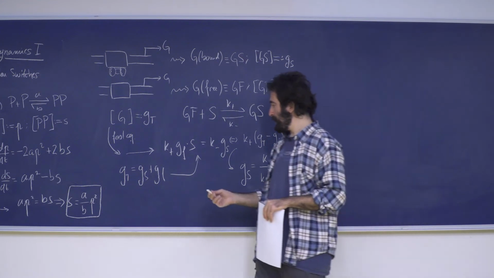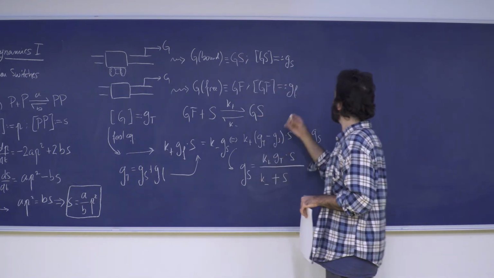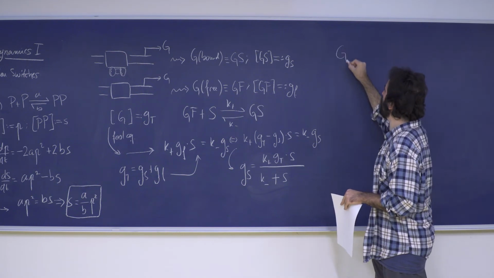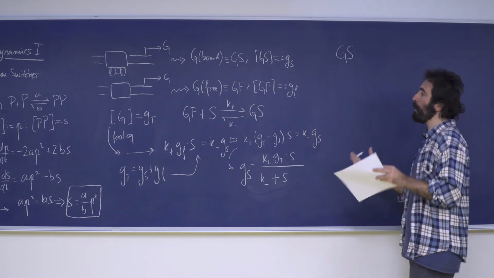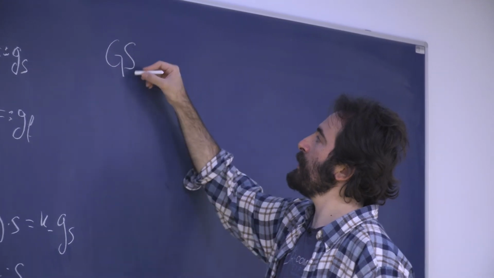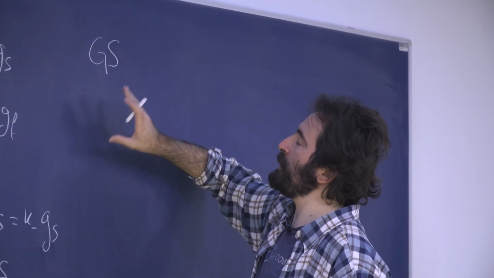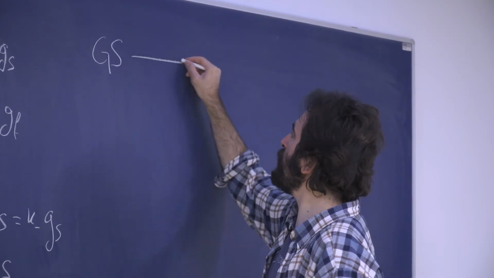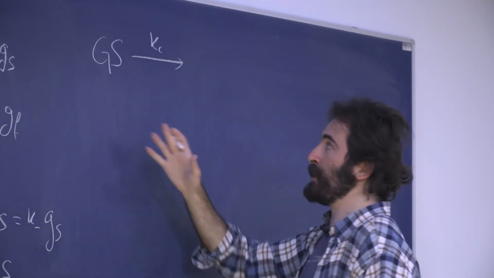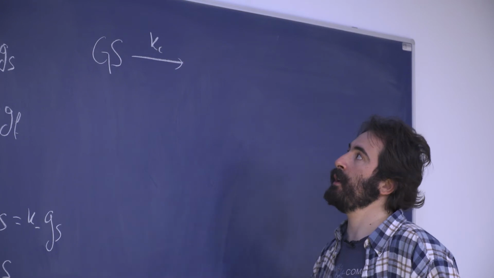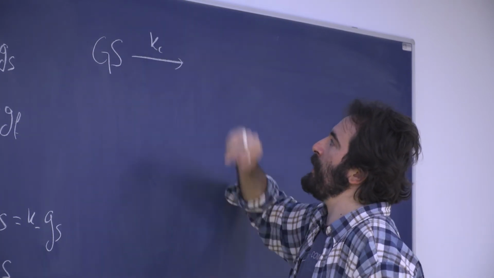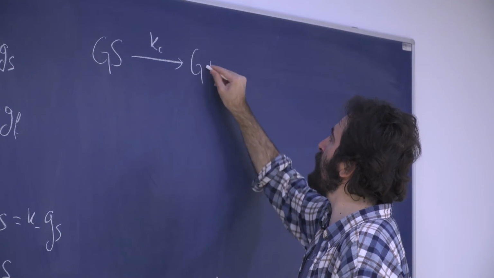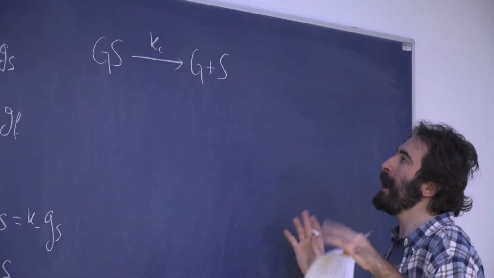If we want to generate new protein, what we should look at is this reaction. We have the gene which is bound to the promoter, and then the dimer that is bound to the promoter, and that is giving rise, with a one-directional reaction and some constant rate, k sub c here, to the gene with the dimer unbound.